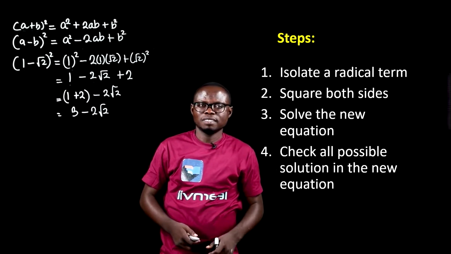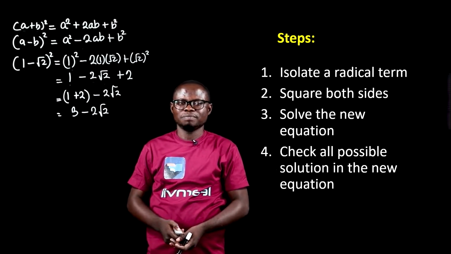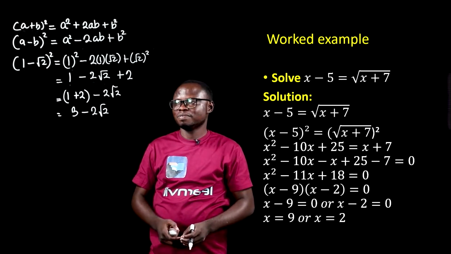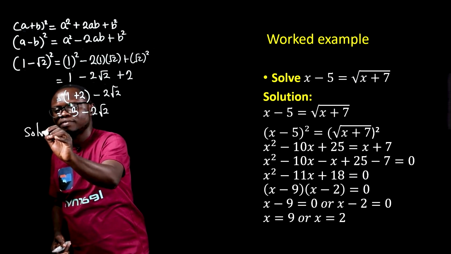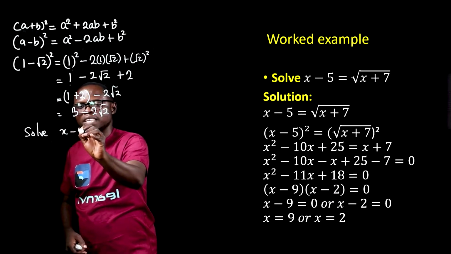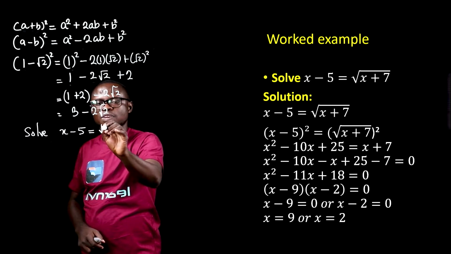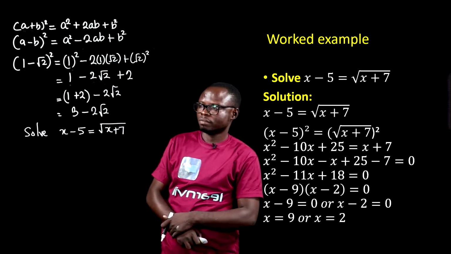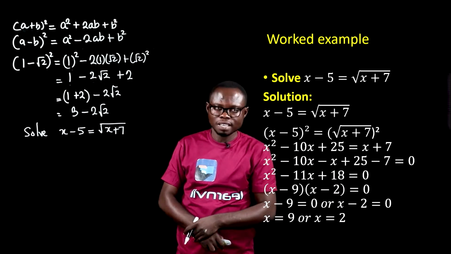Now let's take an example on the radical equation. Solve x minus 5 is equal to the square root of x plus 7. So one, is this an equation? Yes. Why?